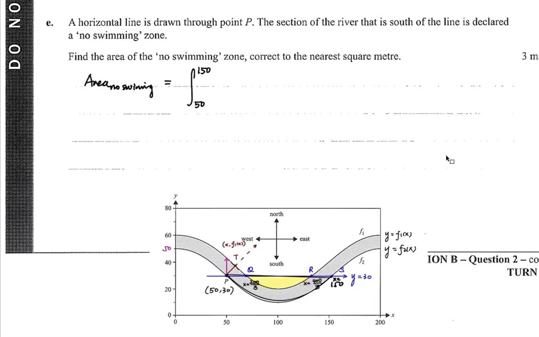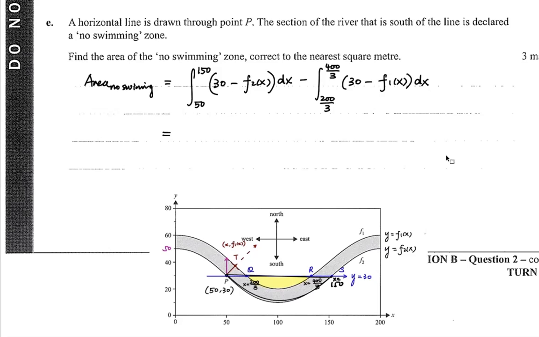The blue line is 30. Upper function minus the lower function f2 of x, minus the integral from 200 over 3 to 400 over 3 of 30 minus f1 of x dx.